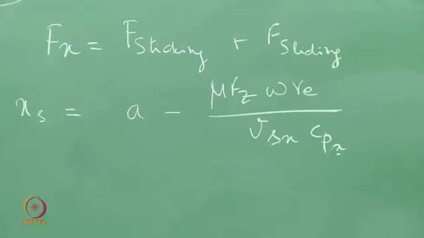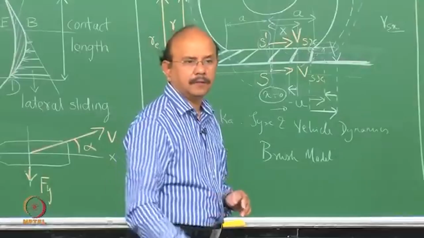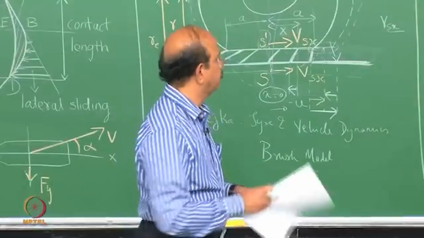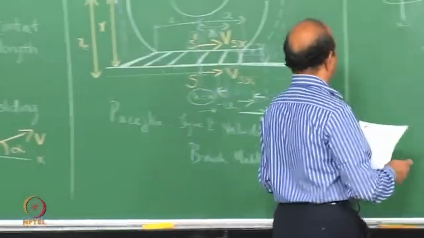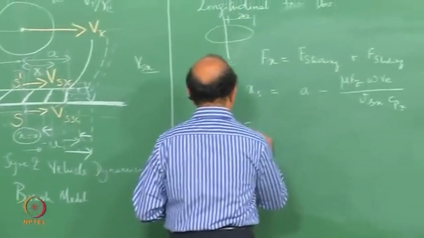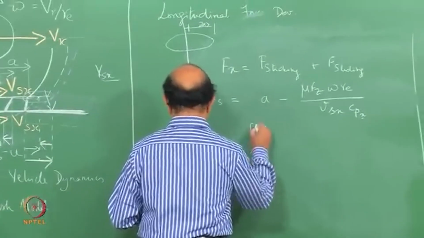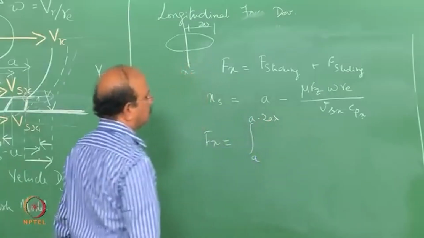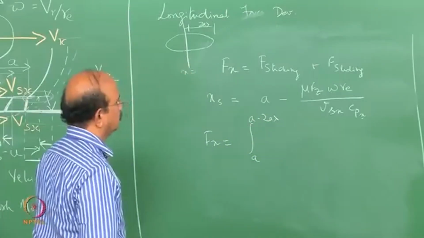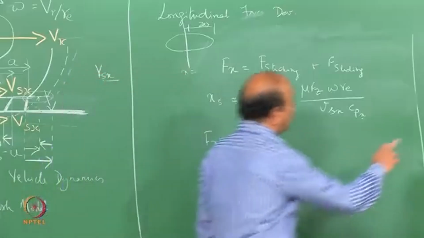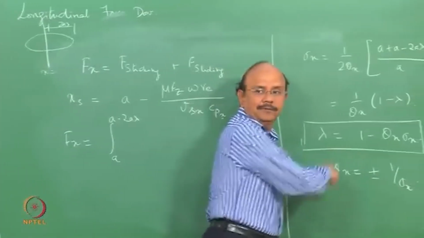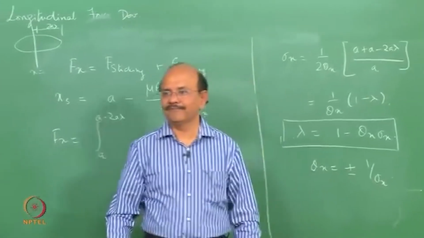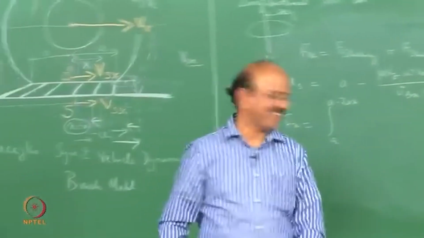Very simple, whatever I have done, just substitute that. So Fx can be written as integral from a to a minus 2a lambda. Lambda is equal to not 1, 0. I think you guys had not noticed.